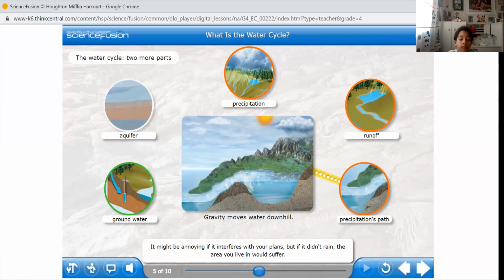So, precipitation has a lot of paths to take. Water can go through the mountains, lakes, and rivers, also ponds. That's why they say when it's raining, it is pouring.